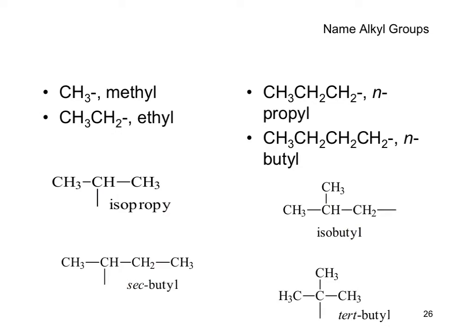So let's talk about again the simple substituents and the complex substituents. So again, CH3, 1 carbon unit is a methyl, 2 carbon unit is an ethyl, propyl for 3 carbons, butyl for 4 carbons, and we have some that are also referred to as the complex substituents.